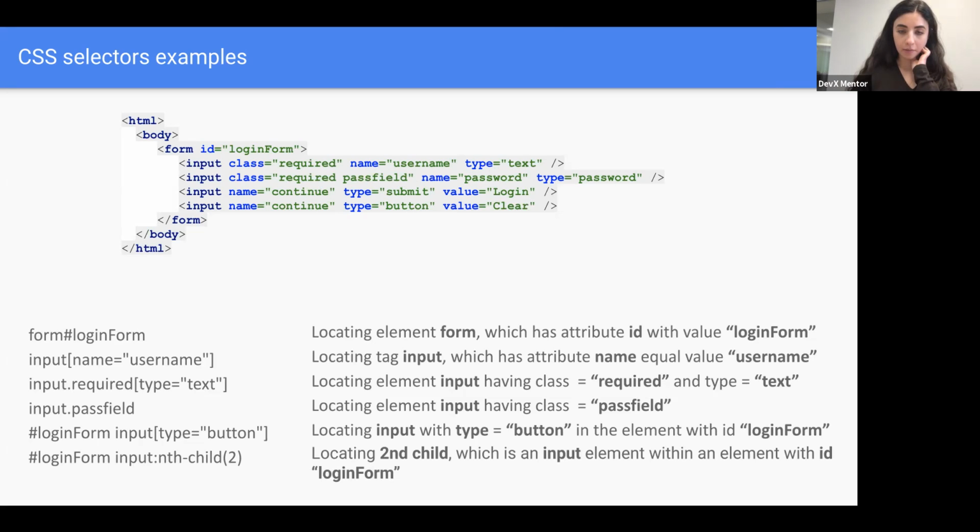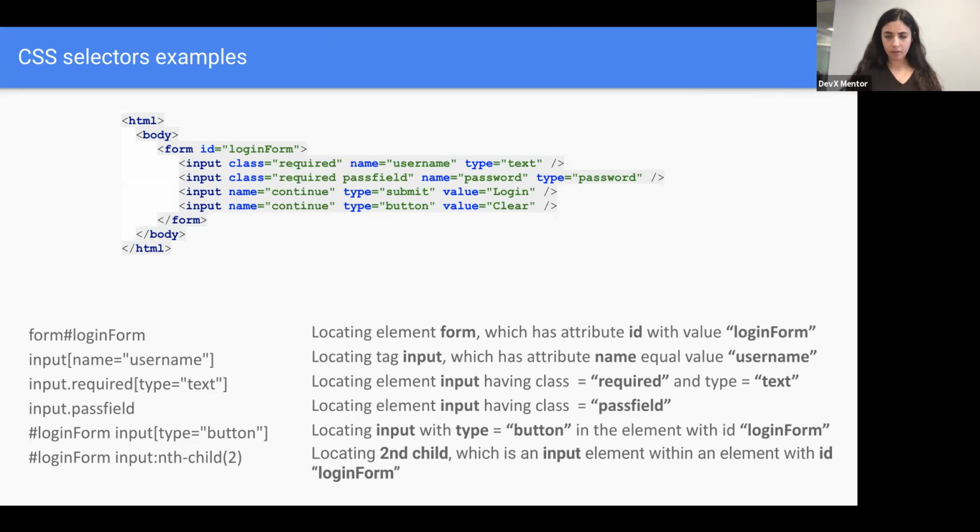Then we have locating input with type button in the element with ID login form. Now here we're locating the second child, which is an input element, within the element with ID login form.